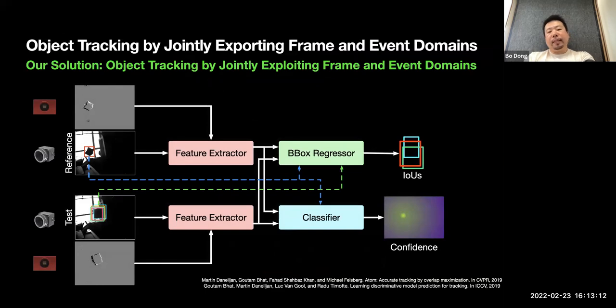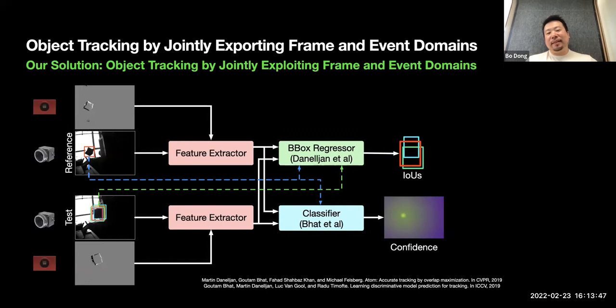The way we do that is we do not want to develop a new architecture from scratch, because we think it's only about the input and the feature parts. The rest should be the same as the original state-of-the-art network. That's why we just leverage an existing single object tracking framework, in this case ATOM, accurate tracking by overlap maximization, which was in CVPR 2019.